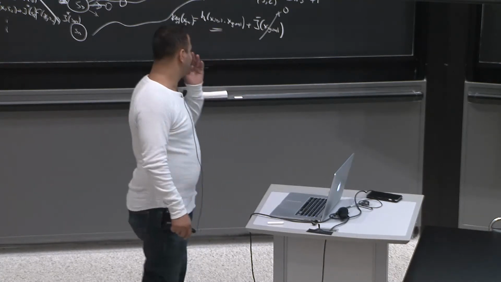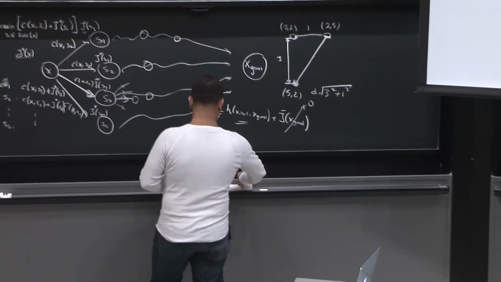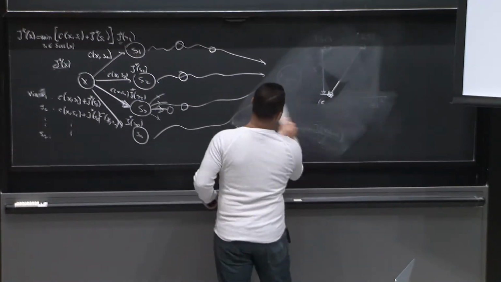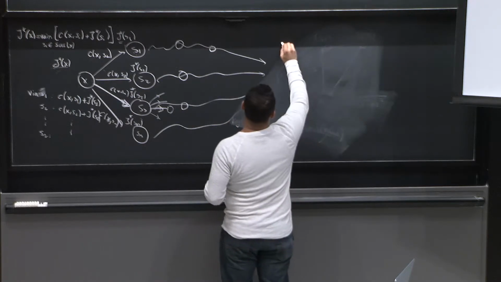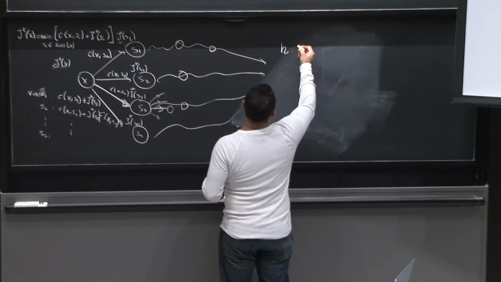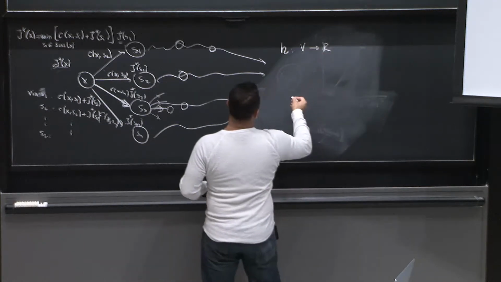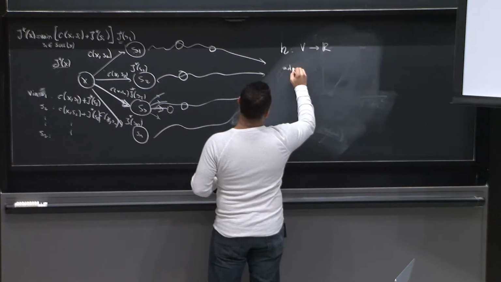The only condition is your heuristic function. So I said it uses this heuristic function, right? It maps vertices to some real value. And this heuristic function is called admissible.